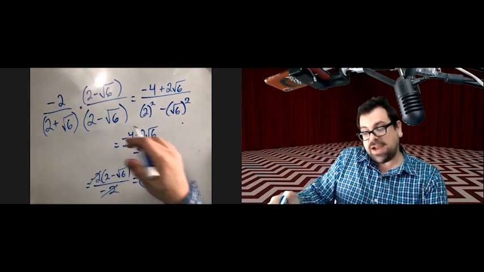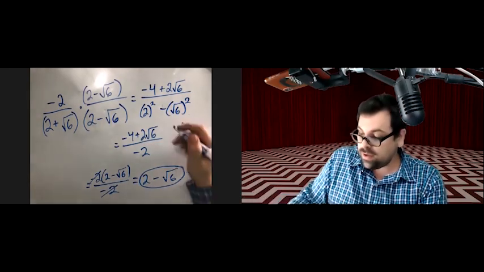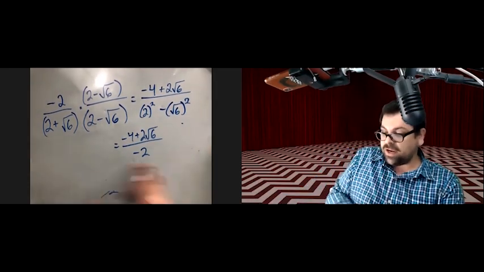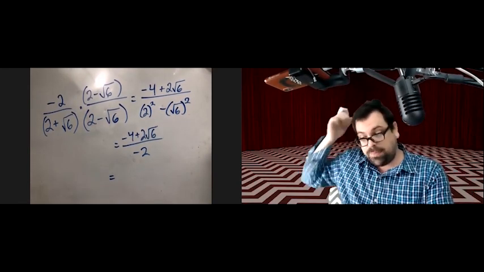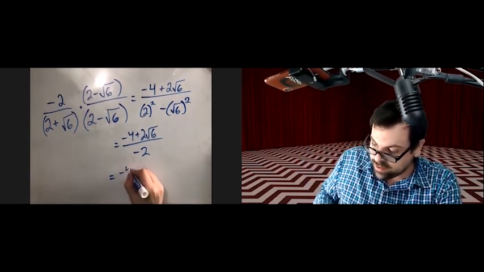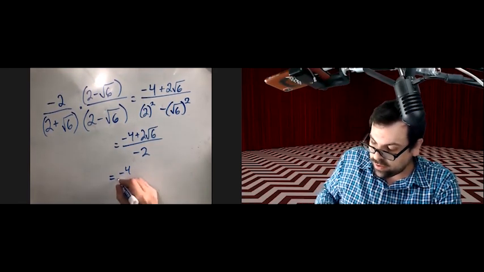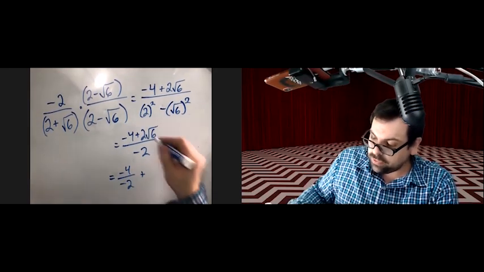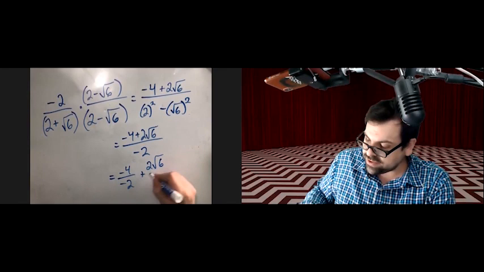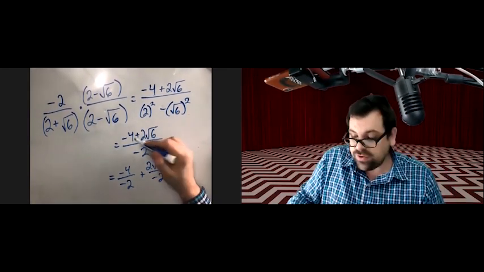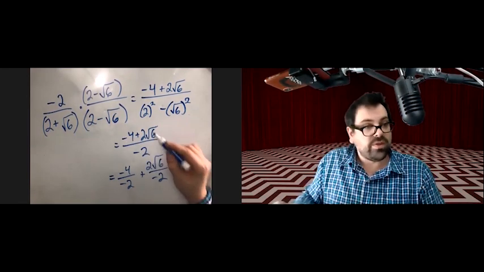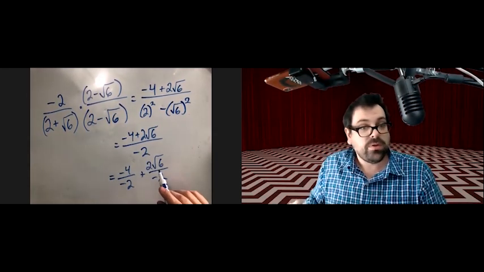And if you don't factor out the -2, then you at least have to be careful to split up -4 over -2 plus 2 radical 6 over -2. If you're dividing by -2, you can't just do one or the other. It has to be both.